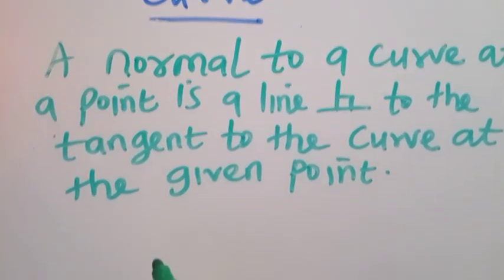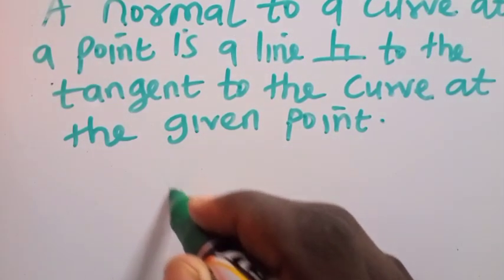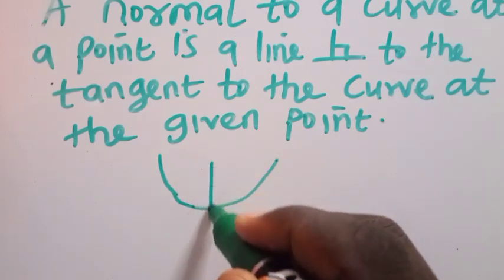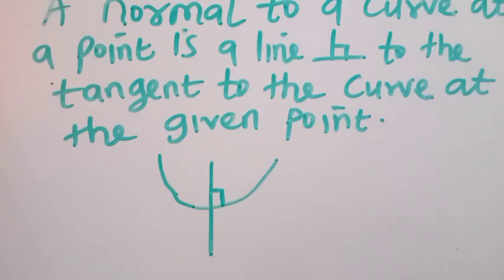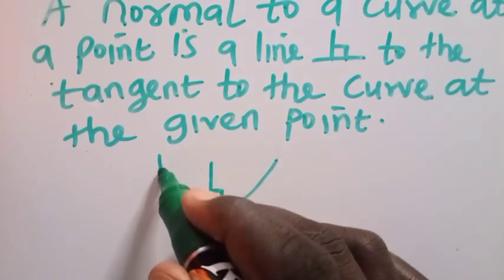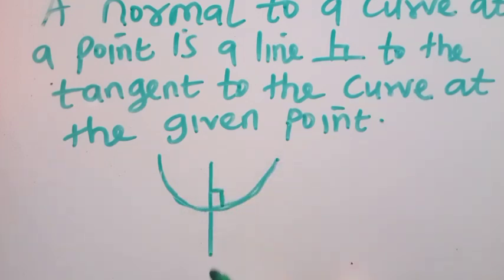Now, I want us to consider this, that if we have a curve like this, and we have a normal to the curve, that is a line that is perpendicular to the curve. This is the curve, and the line that is perpendicular is this one.